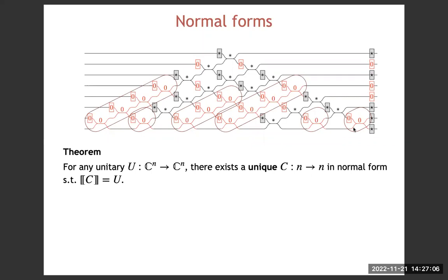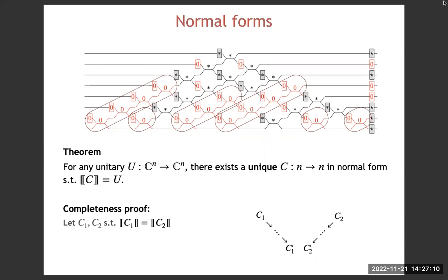Okay, so that's the property of the normal form, and actually we have enough properties to show the completeness. So how does it work? We start with two optical circuits representing the same unitary transformation, C1 and C2. We can apply the rewriting rules until we reach C1 prime and C2 prime, which are in normal form. So they are of that shape.